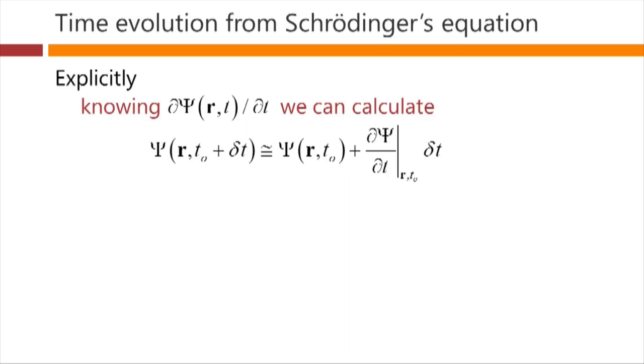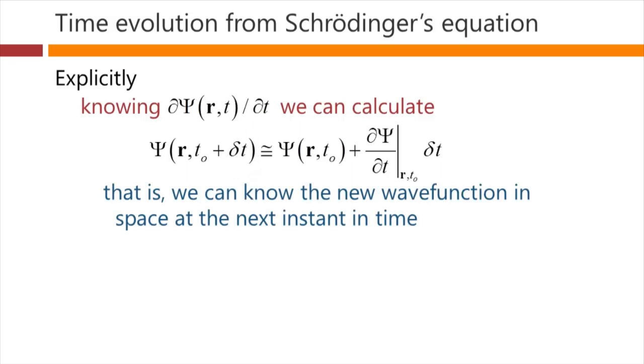In other words, from knowing the wave at this time, because we know the derivative, we can multiply that derivative by a small amount of time to get the wave that small amount of time later. So we can know the new wave function in space at the next instant in time.